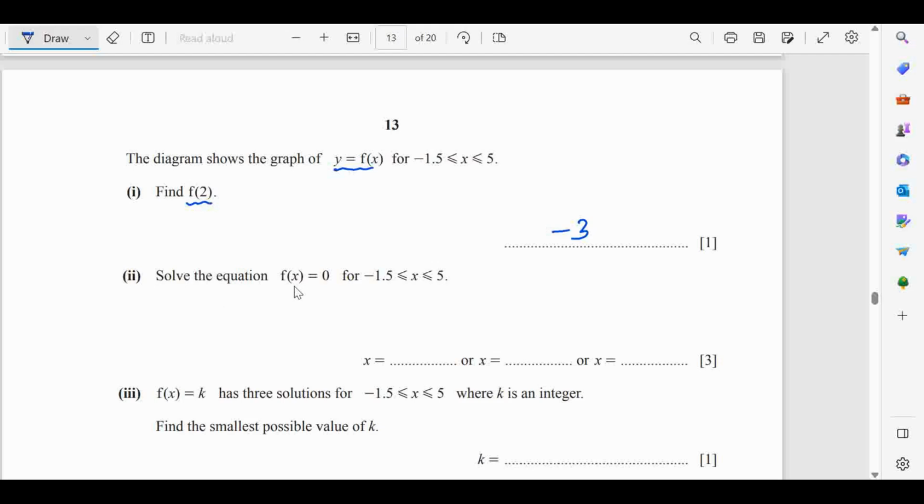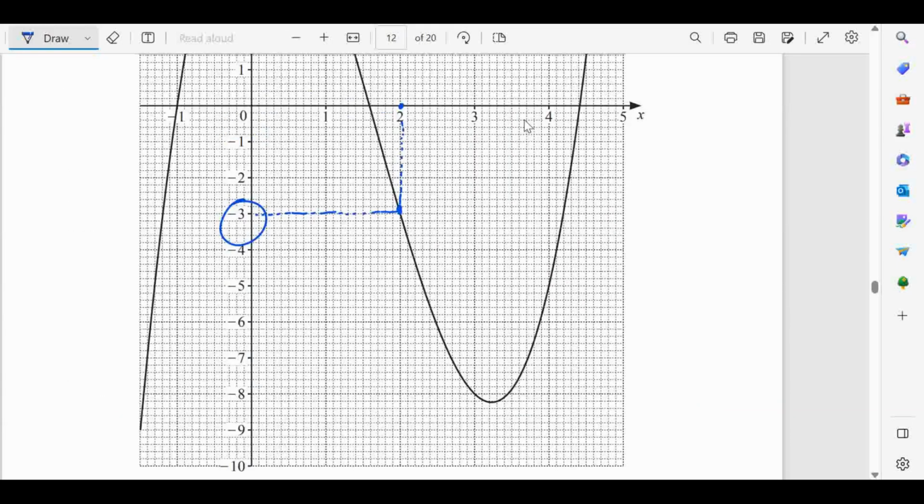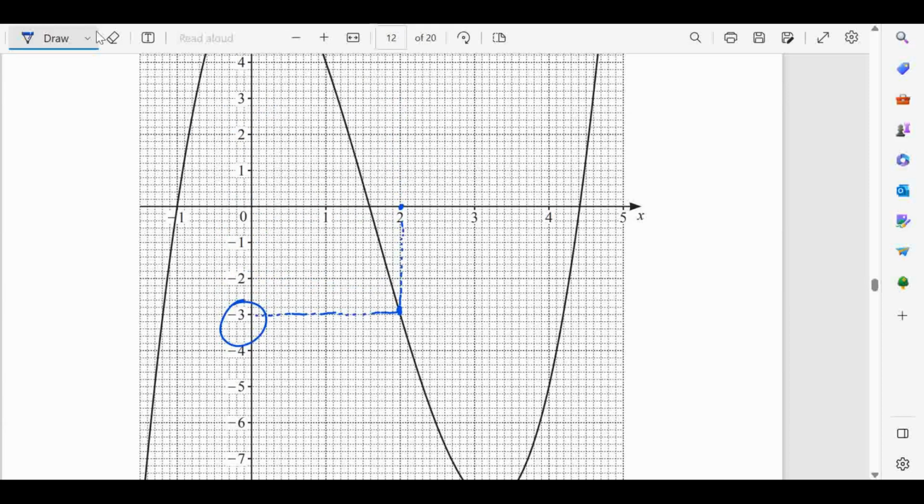Solve the equation f of x is equals to 0. So f of x is equals to 0 means we need to find out the roots, and the roots means that we have to find out the corresponding value of x coordinates. So we need to point out this one, and this one. So this one is -1.